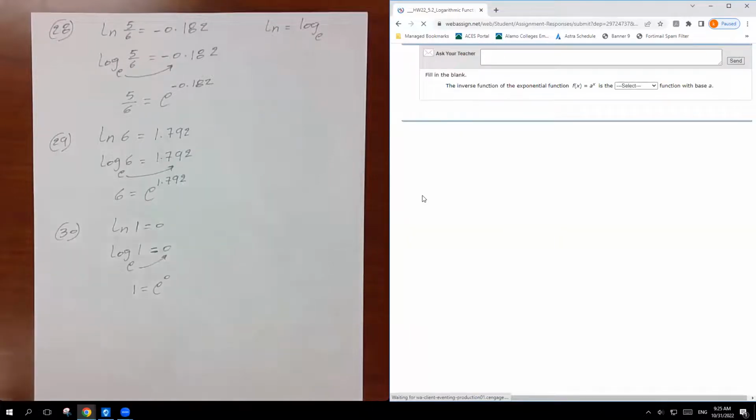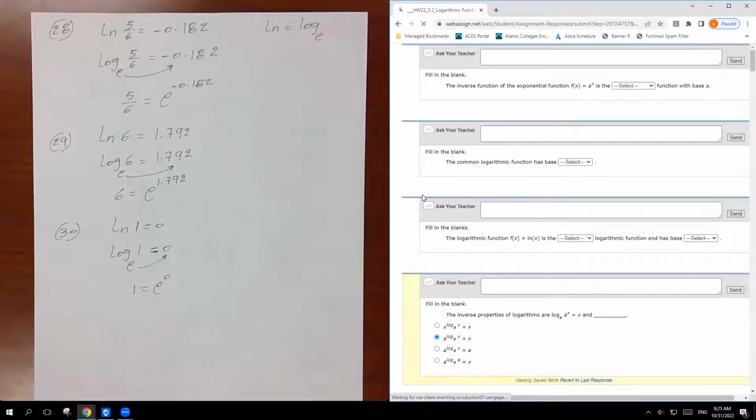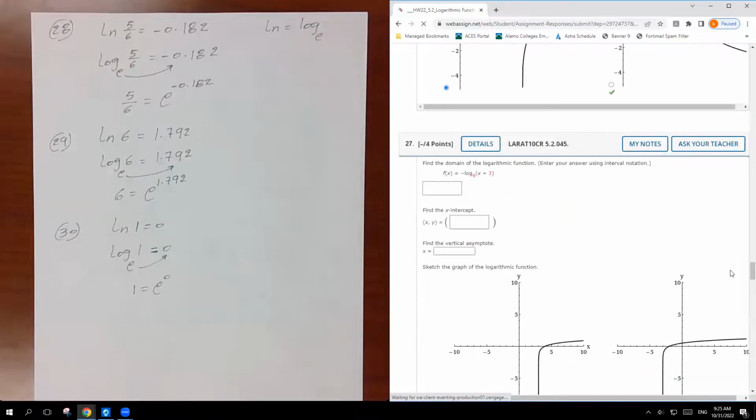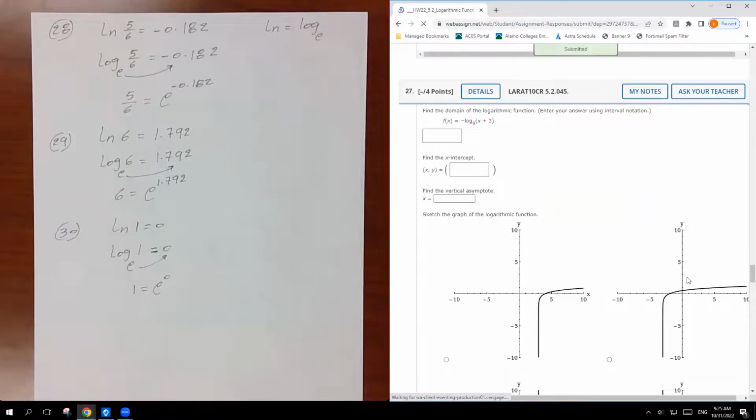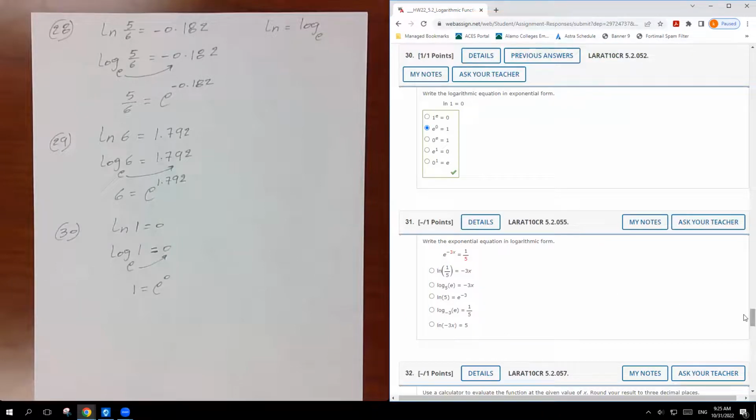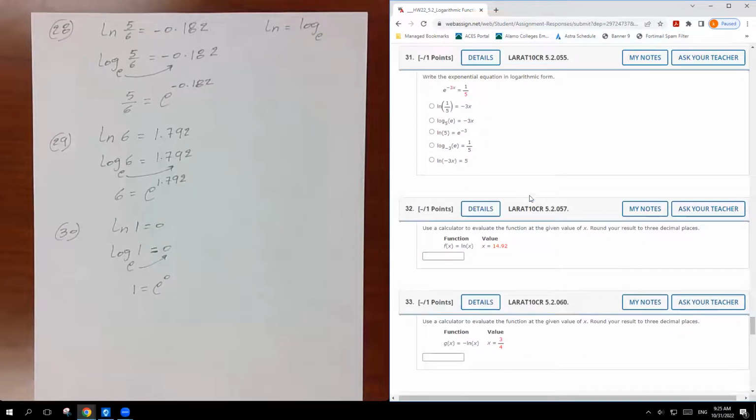Example 31, we have to do the opposite thing. So we have e to the negative 3x equals 1/5.